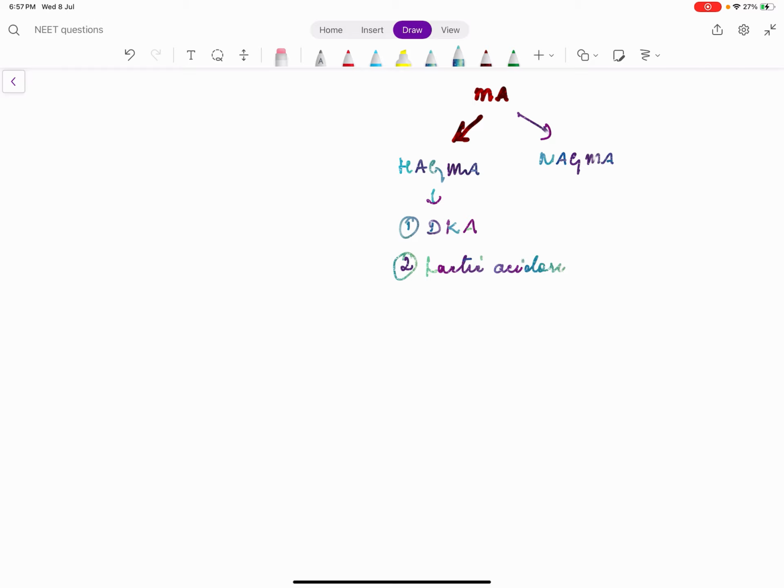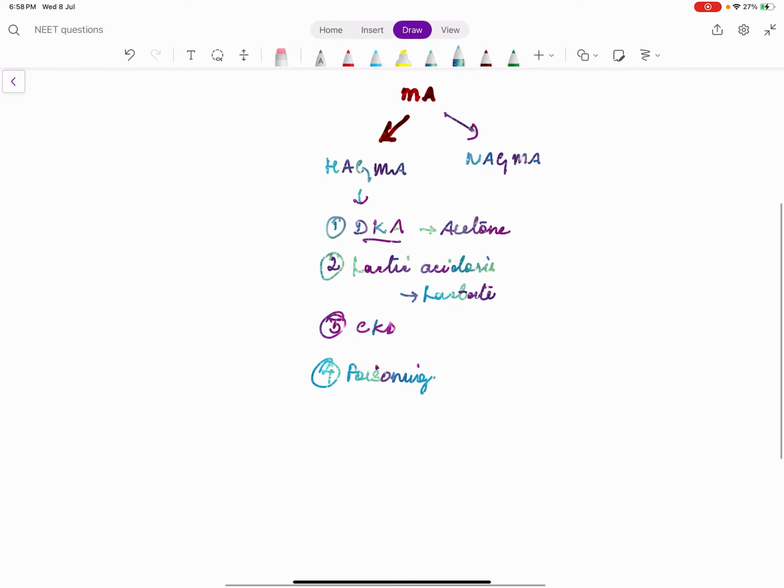That is, some components are getting accumulated in the blood. In DKA, acetone gets accumulated. In lactic acidosis, lactate gets accumulated. And in CKD or uremic acidosis, again few acids get accumulated in the body, and there are some poisons like methanol poisoning and ethylene glycol poisoning. These are some acids that get added onto the body.